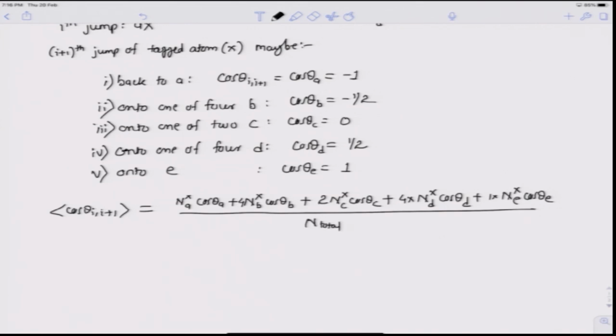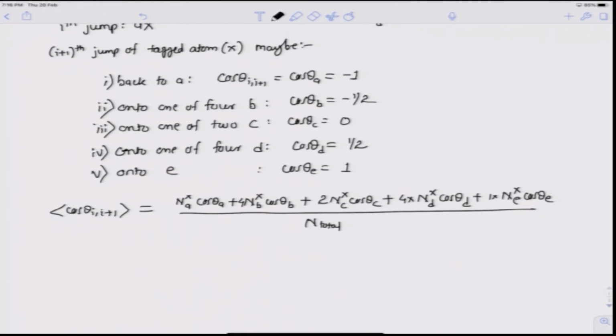Remember, when we evaluate the average of cos theta i plus 1 we have a large number of atoms, so we are tracking each of the x atoms for its i and i plus first jump, evaluating the cos theta and taking the average of it.